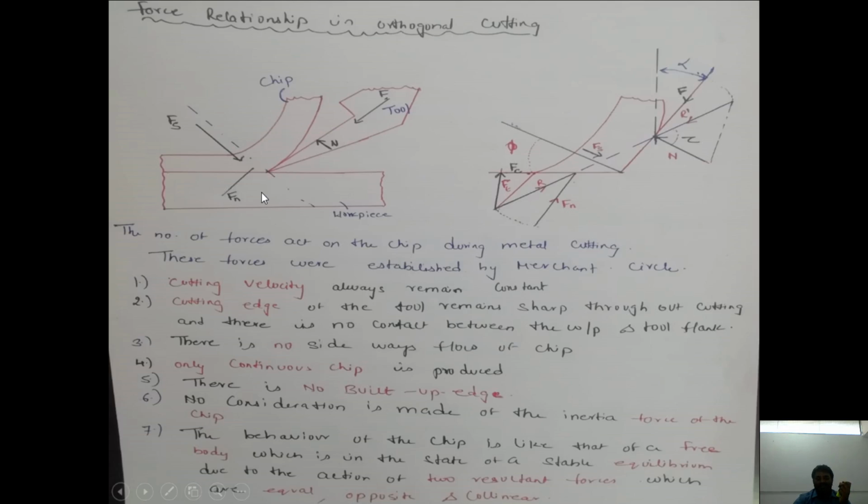Capital N is the force exerted by the tool on the chip, acting normal to the tool face. Now F is mu into N. It is the frictional resistance of the tool against the chip flow, acting along the tool face, and mu is the coefficient of friction between the tool face and the chip.